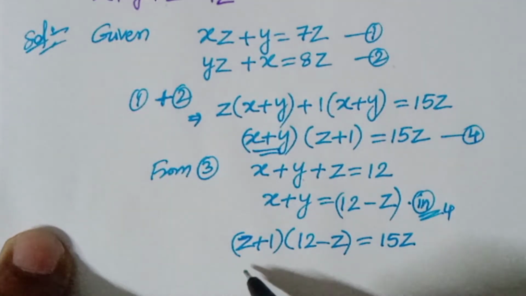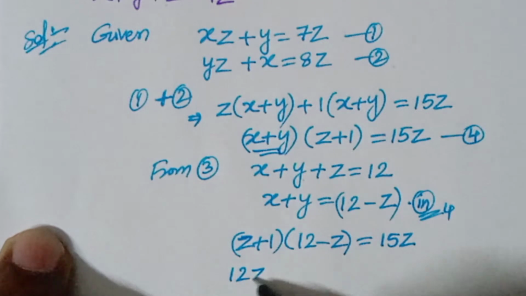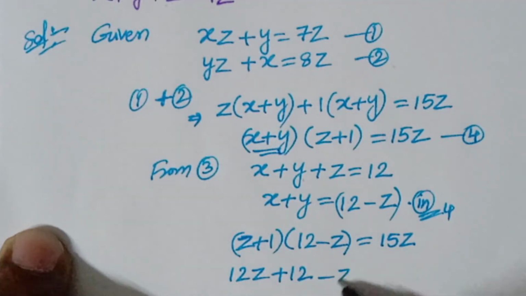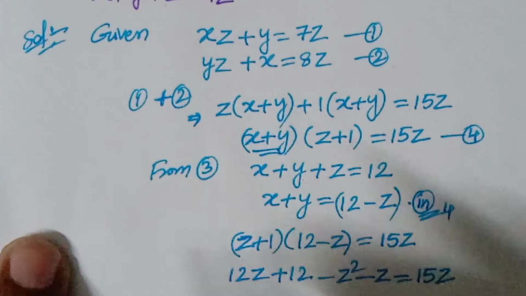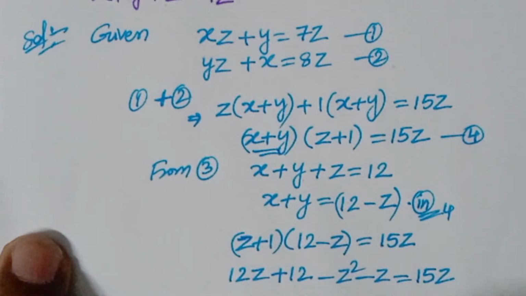So if you multiply this, 12z plus 12 minus z square minus z is equal to 15z. If you solve this, sending all the terms to that side, you get z square plus 15z minus 12z plus z minus 12 equal to 0.